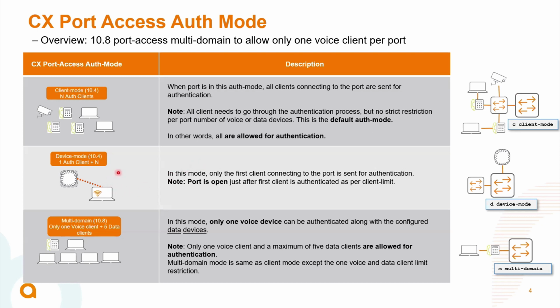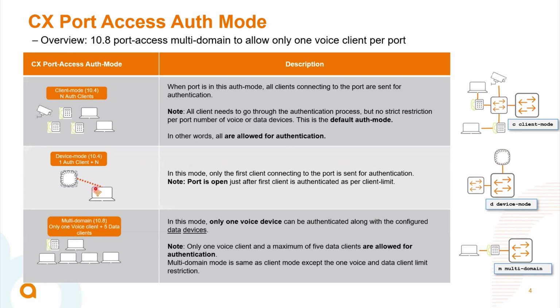The next one is the important one, especially in the use cases of an access point, or if you want to authenticate an unmanaged switch which is getting connected to AOS CX switches. In this case, it's going to authenticate the first device which is getting connected to the AOS CX switch.